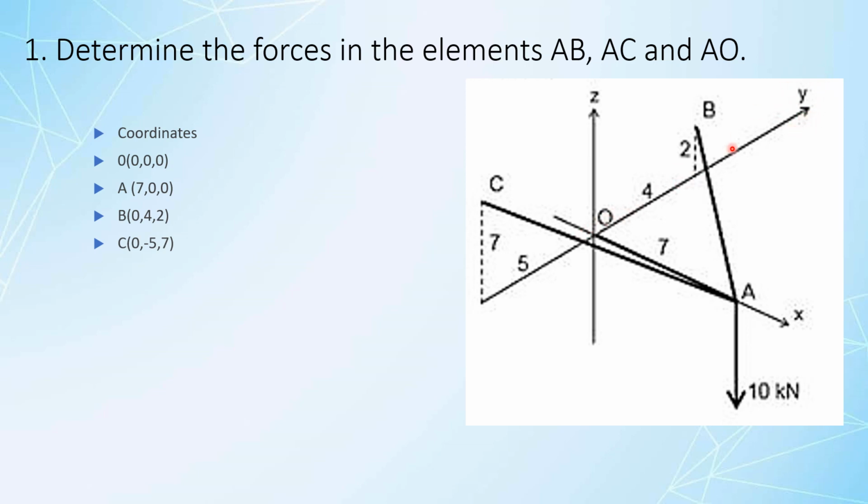So this is the positive direction of y, but we have to move in the opposite direction to reach the point C. So it will be -5 for y coordinate. And for z coordinate, from the level of origin, we have to move upwards, that is in the positive direction of z for a distance of 7. So z coordinate is 7.